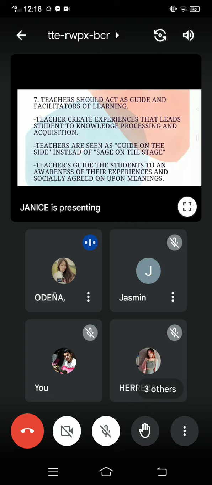Si teacher will serve only as a guide and facilitator of the learners rather than information provider. Pag sa constructivist approach kasi hindi po dito yung spoon feeding or si teacher yung magsasabi ng halos lahat ng sagot sa iyo. May mga teacher po kasi na nagsasabi na, I'll tell you everything you need to know, or you need to memorize the information, o kaya you will be required to reproduce the information.